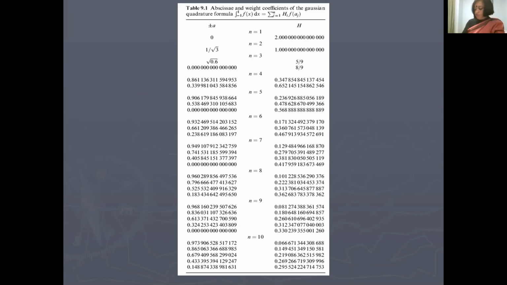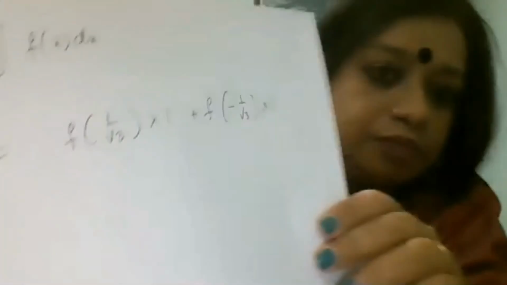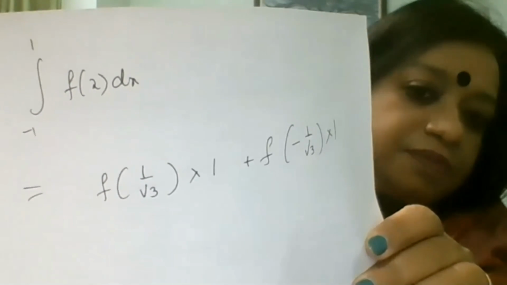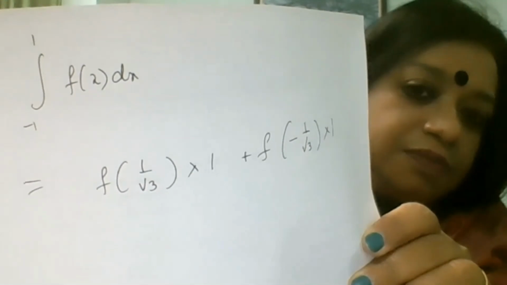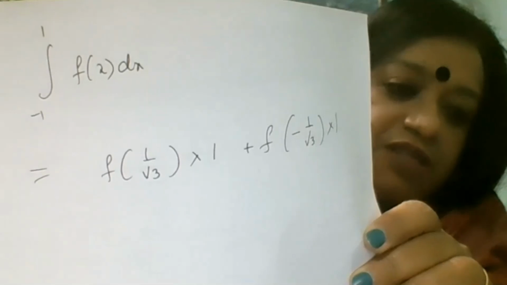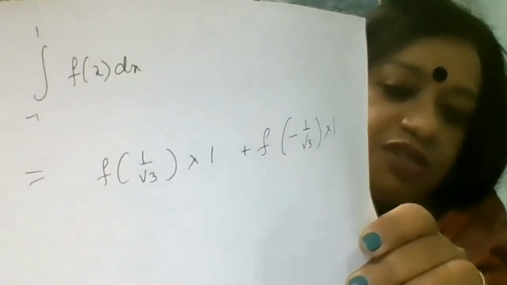Again, the weight is the same. So this is what it is. Do you accept? Ma'am, the polynomial was second order. Yes, I told you, let us assume that f is a second order polynomial. So I'm going to use this 2-point quadrature. So this, ma'am, is how I evaluate it.